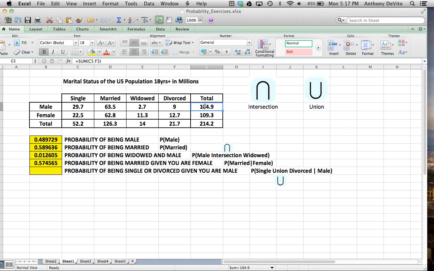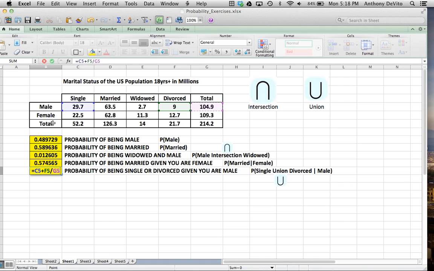What's the probability that they are single or divorced? So single is 29 million, divorced is 9 million, out of 104 million males. So our probability is going to be equal to 29 million plus our divorced males, over our total population of males.